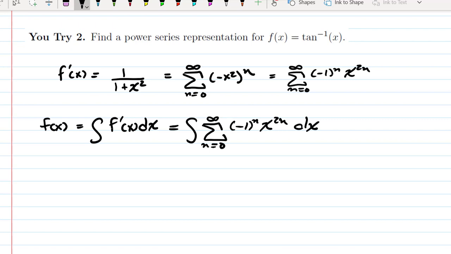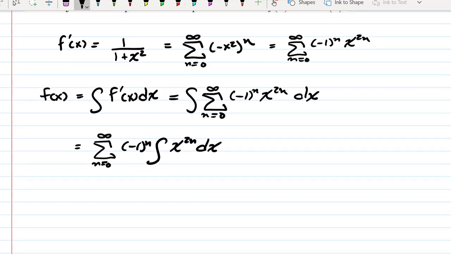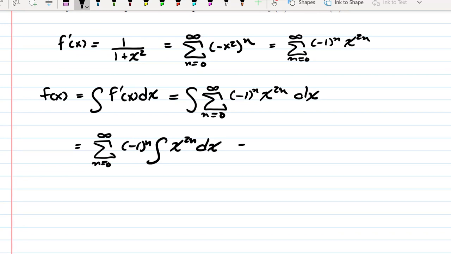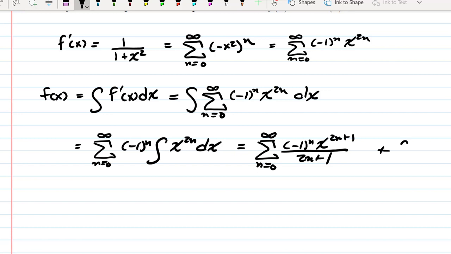But then we interchange our integral and our sum, and rewrite: negative 1 to the n can come out, negative 1 to the n, the integral of x to the 2n dx. So then the antiderivative of x to the 2n is we add 1 to the exponent and we divide by it.